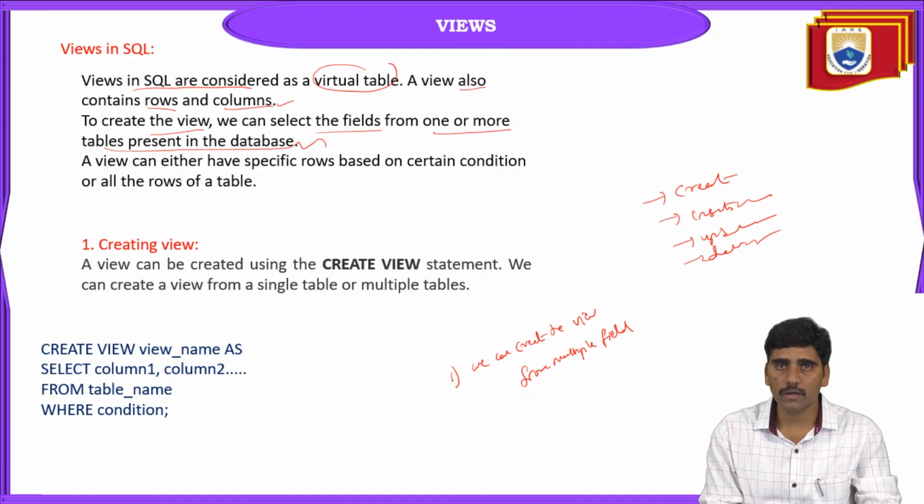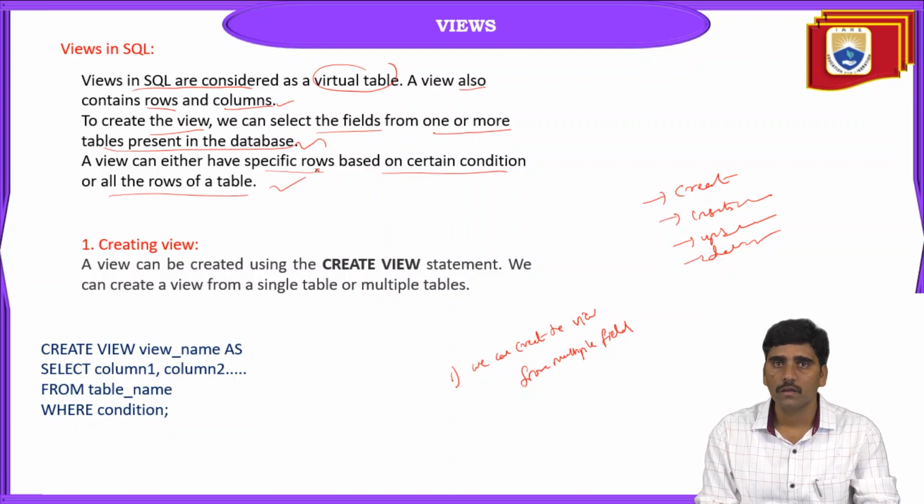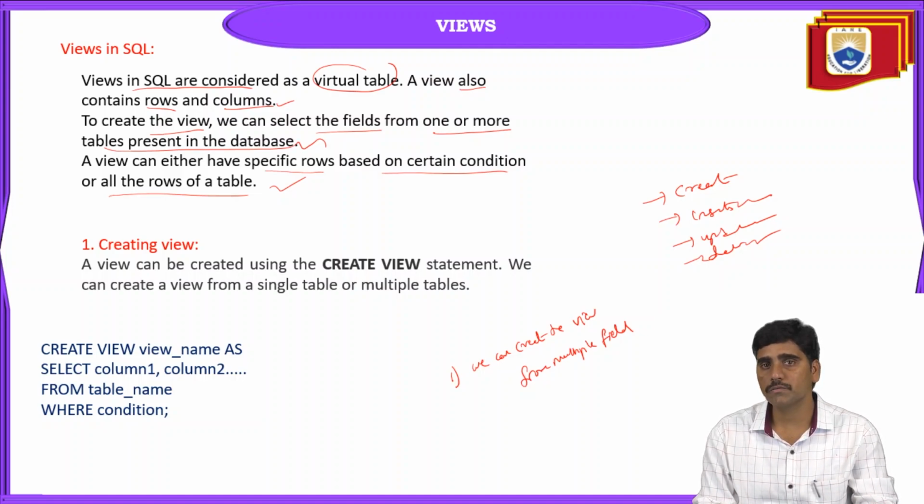A view can either have specific rows based on a certain condition, or all the rows of the tables. If you want to create the view based on certain columns, we need to specify the condition on a certain table.